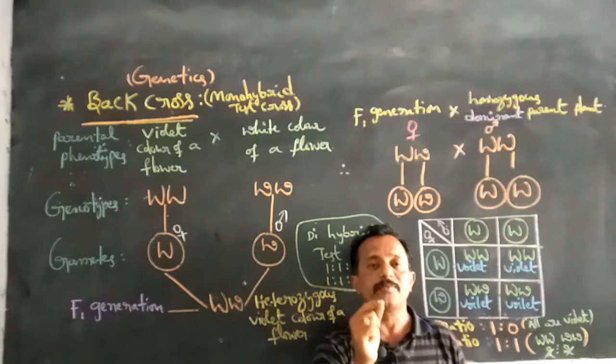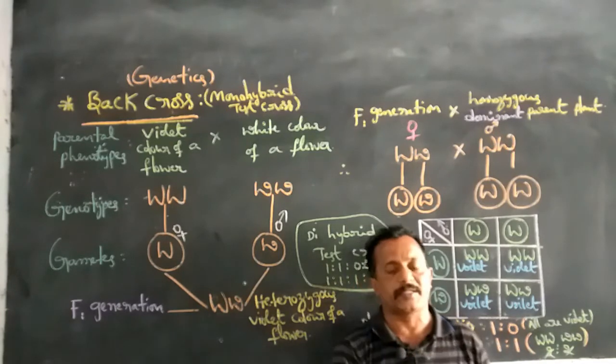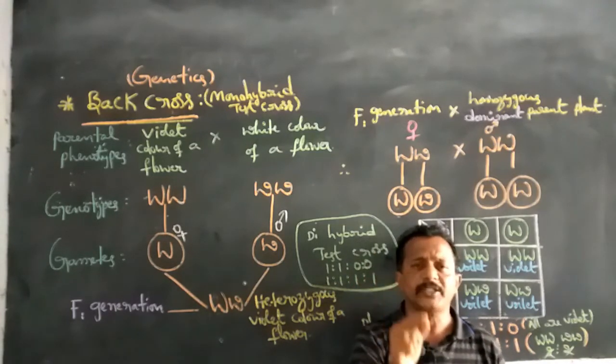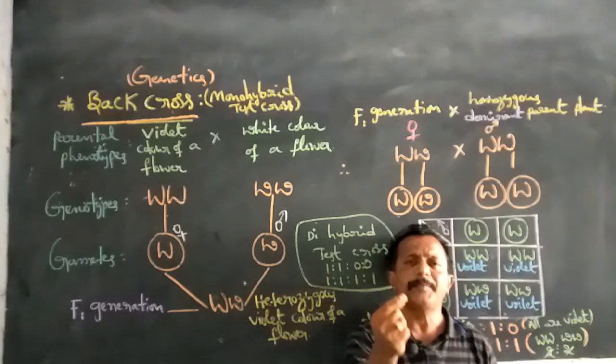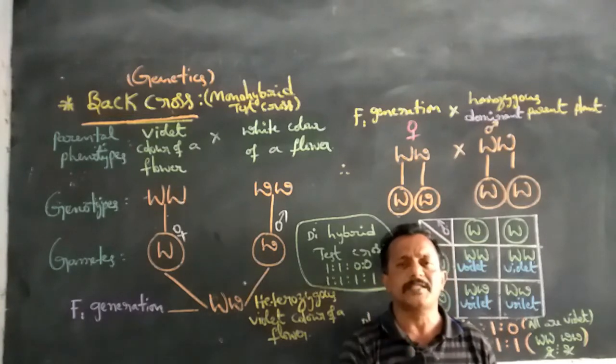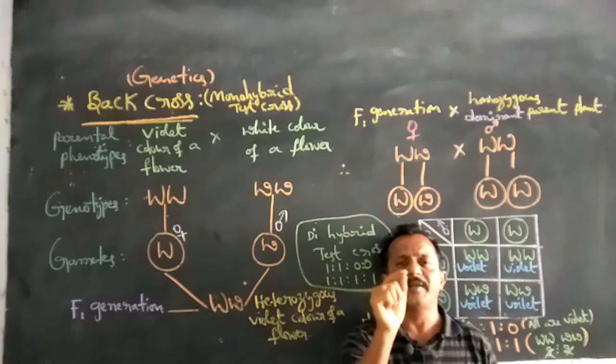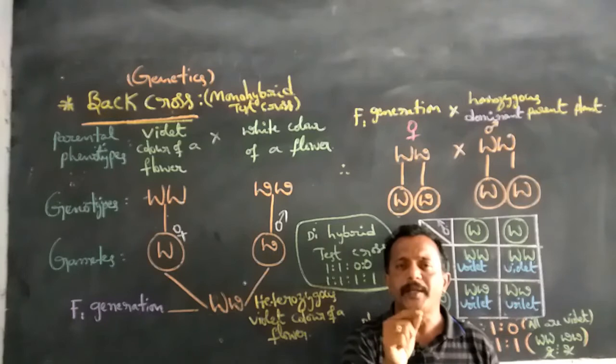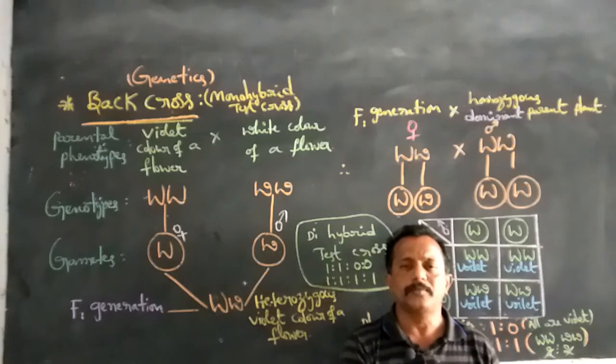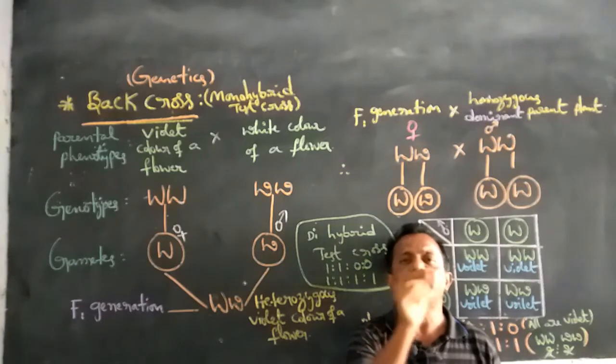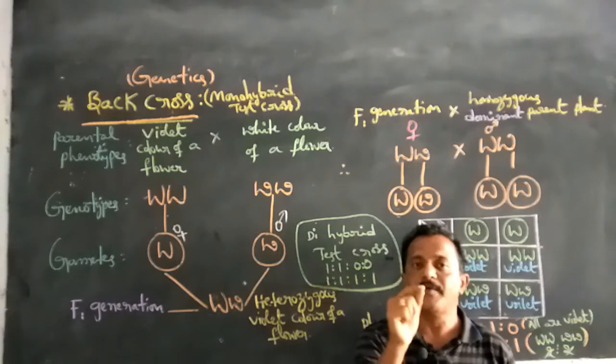That is the difference between test cross and back cross. In the test cross, phenotypically and genotypically both are the same, that is 1:1. But in the back cross, phenotypically it is 1:0, but genotypically 1:1.